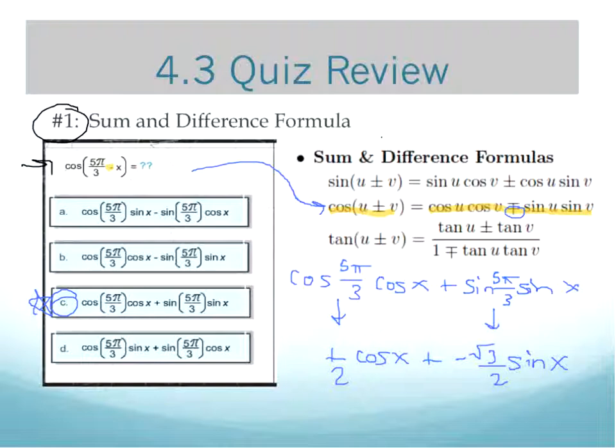So then we ask ourselves, is there anything else I can do to simplify this? So I'm looking for anything that I could add together. Nope, can't add a sine and a cosine. So then I'm asking myself, is there anything I can pull out in front to simplify? Here's a 1/2, here's a negative root 3 over 2. So since they both have a divide by 2, I can certainly pull that out in front as a 1/2.